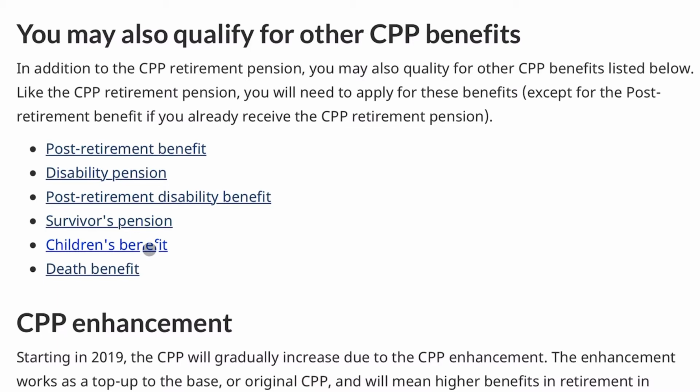Children's benefit, if you are collecting CPP disability, you have children that are below the age of 25 and still going to school, so college or university, they can get an amount. It's around $255 a month.